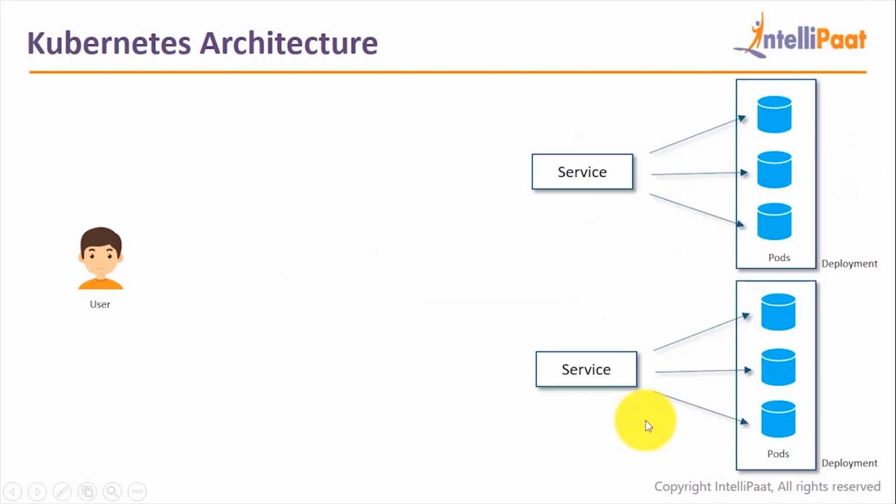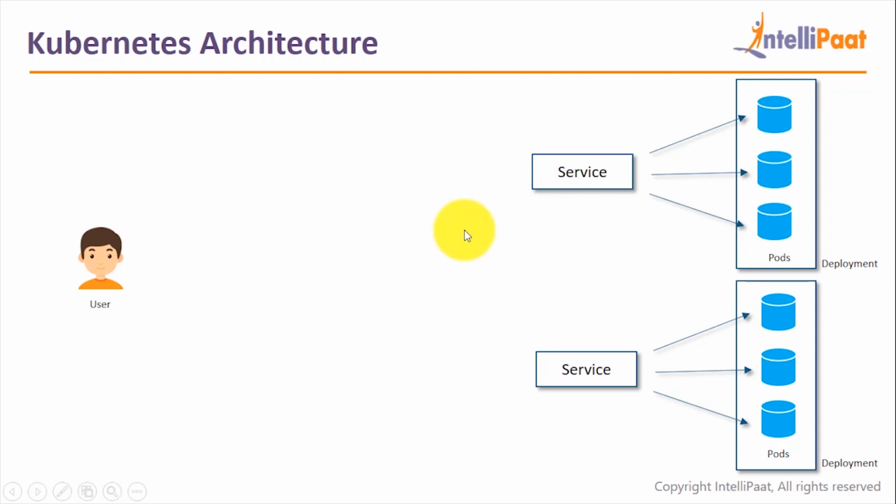And there comes the problem of having multiple services. Say this is my blog service and this is my website, my homepage, right? Now, how will a user know which service to go to? Obviously, for a user, the only way to interact is a URL, right? So say he goes to Intellipaat.com/blog. Now, how will the cluster know where exactly to send his request?